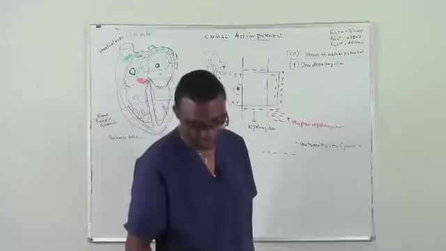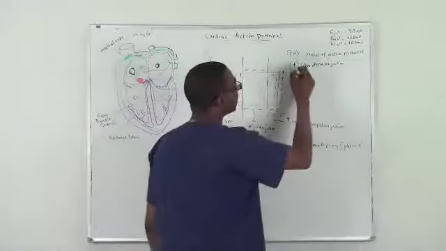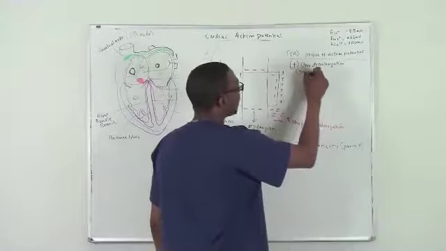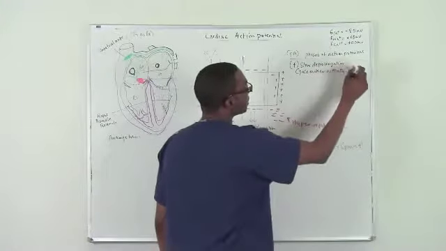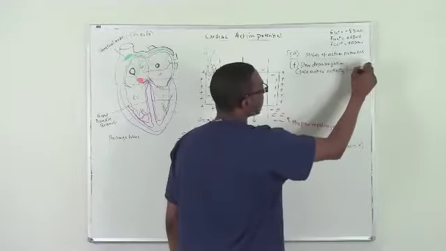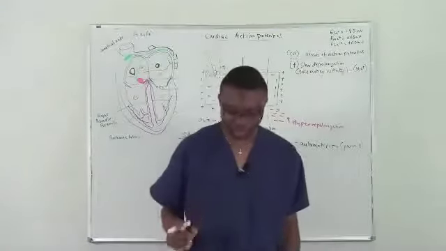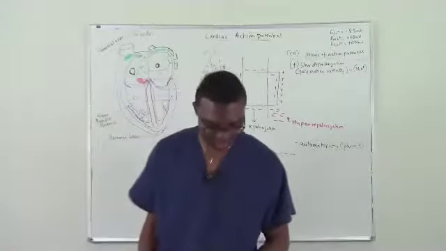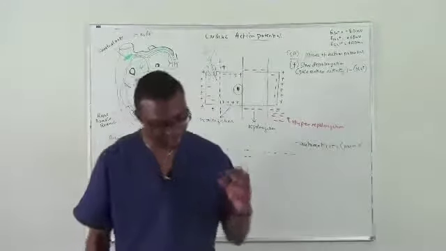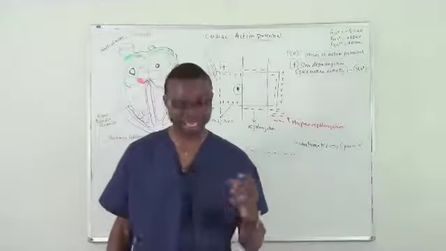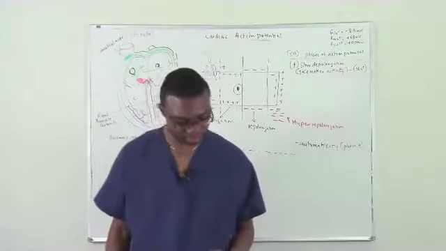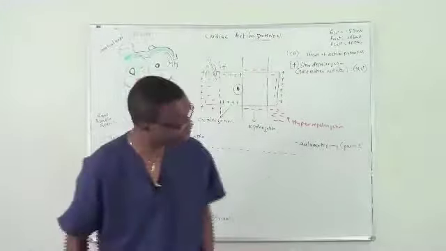And this phase 4 is what accounts for pacemaker activity. The pacemaker activity, which uses sodium ions, right? So an increase in sodium ions causing the influx of sodium current inside the cell.